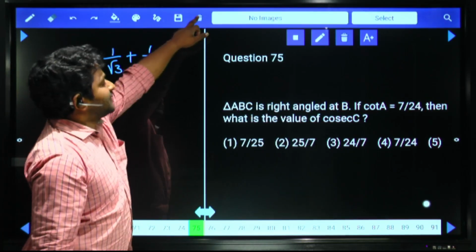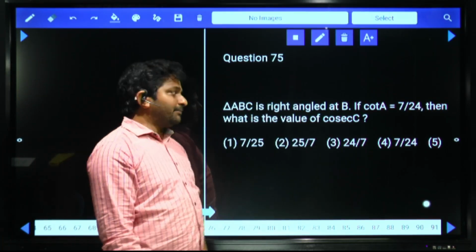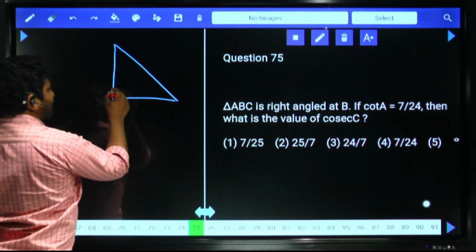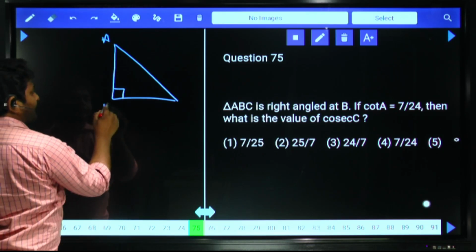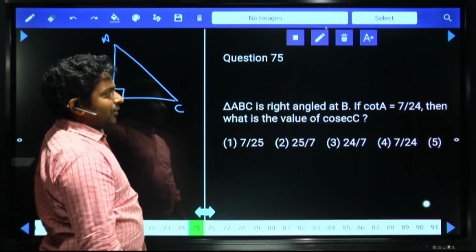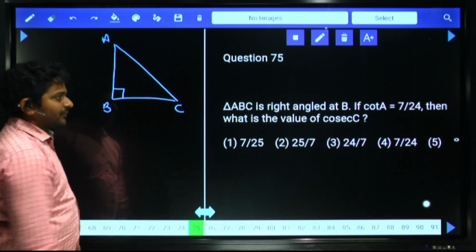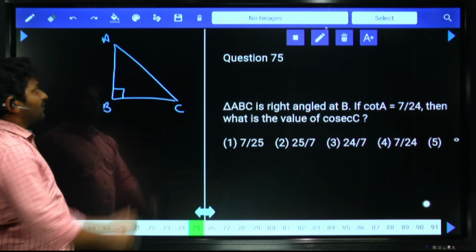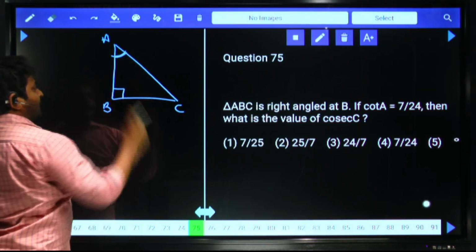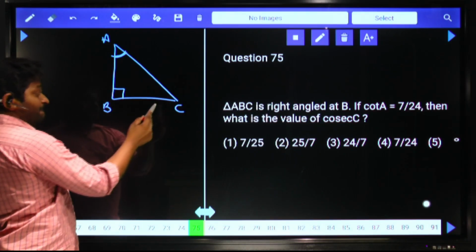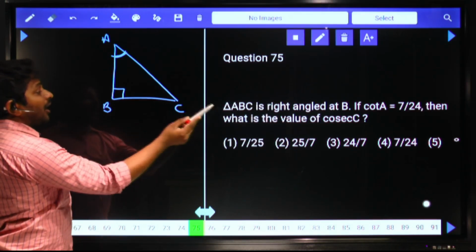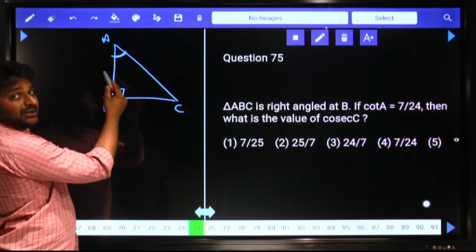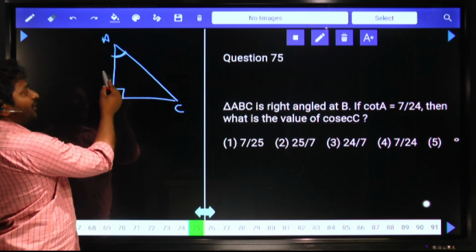Next. The triangle ABC is right angled at B. Now, cot A is equal to 7 by 24. If it is cot C, then cot C is equal to 7 by 24, with 7 here and 24 here.